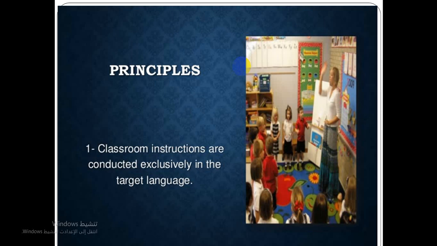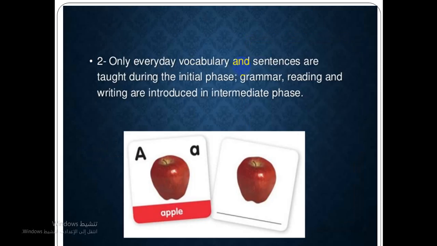Principles of the direct method. Classroom instruction is conducted exclusively in the target language. The teacher should demonstrate, not explain or translate. Never translate, just demonstrate. Only everyday vocabulary and sentences are taught.